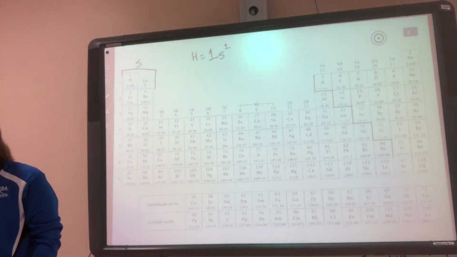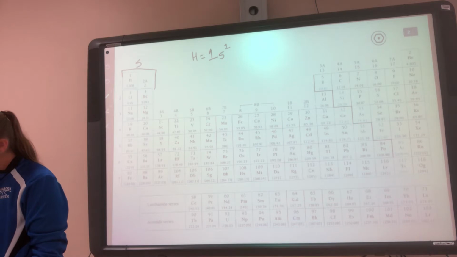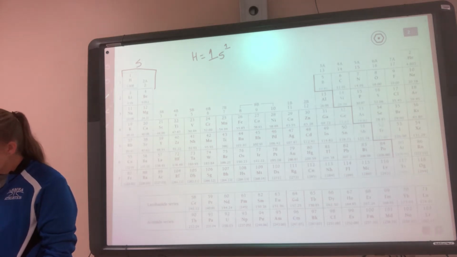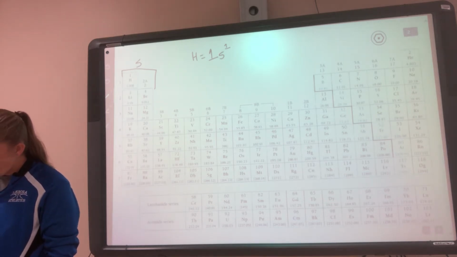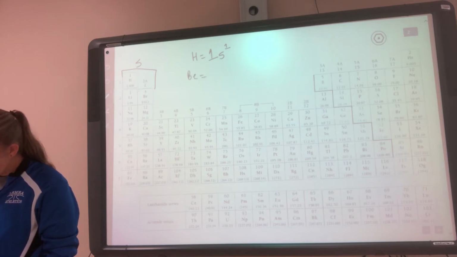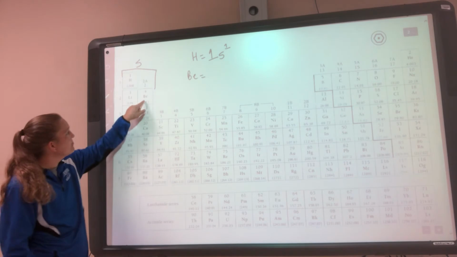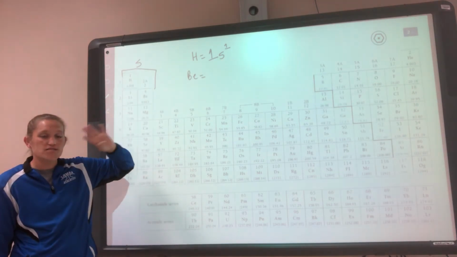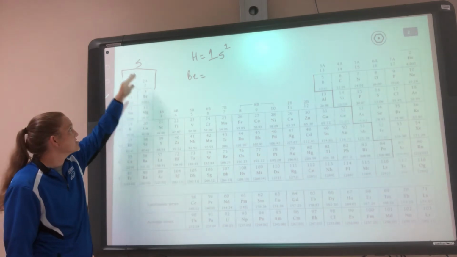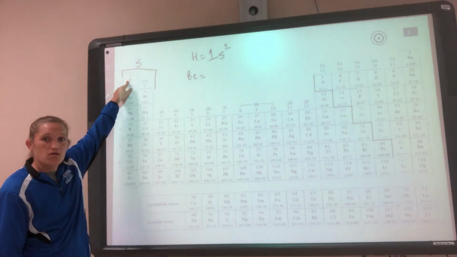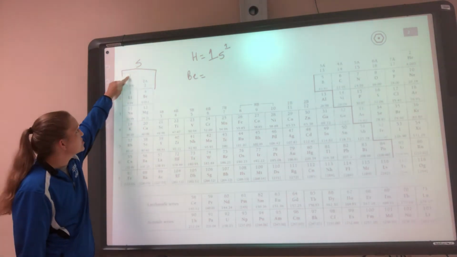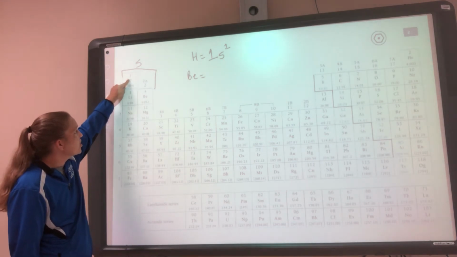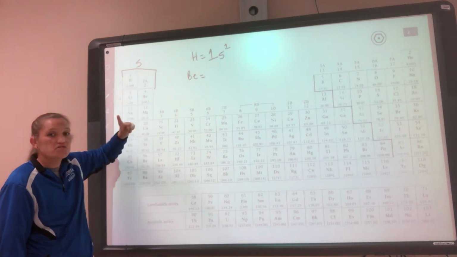All right, let's do another one. Let's try beryllium. Beryllium has 4 electrons, so we have to put all 4 electrons where they go. We always start back up here with hydrogen, because hydrogen has 1 electron, so his 1 electron behaves like beryllium's first electron.